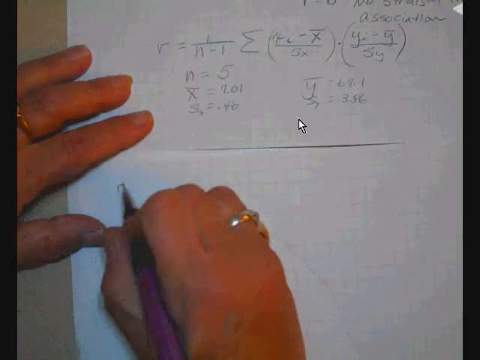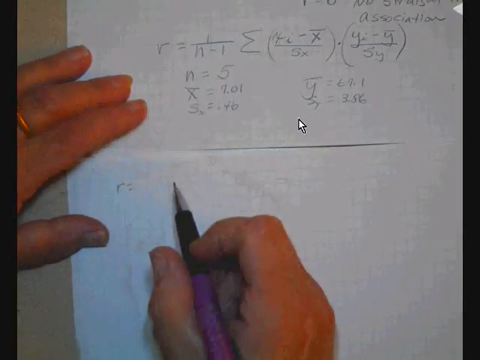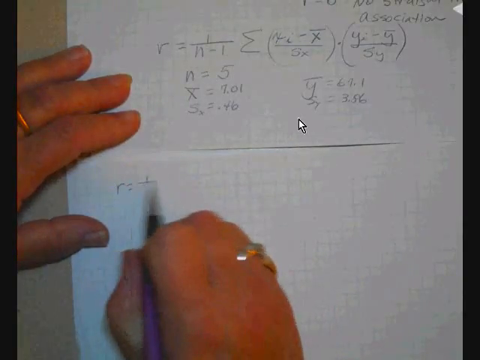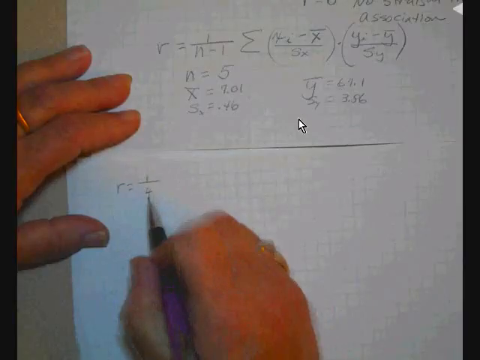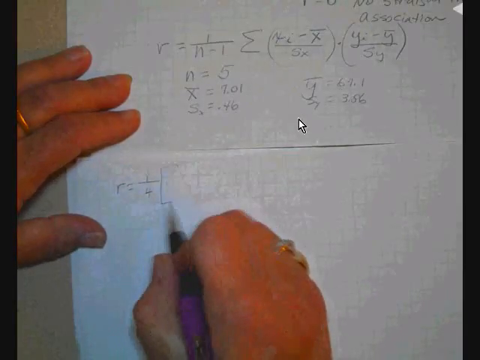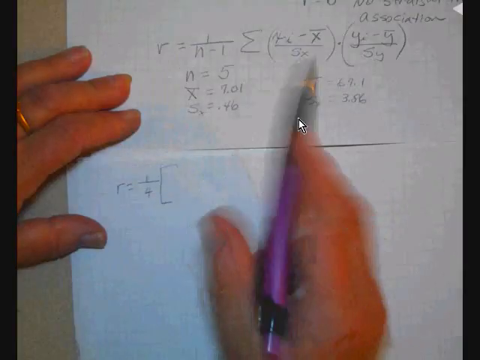Okay. So here I go. Got to be able to read my numbers here from earlier. Okay, so R is 1 over n minus 1, 1 over 4, times, I'm going to sum, so I won't put that summation symbol anymore.